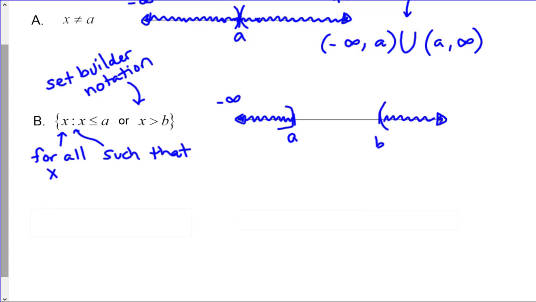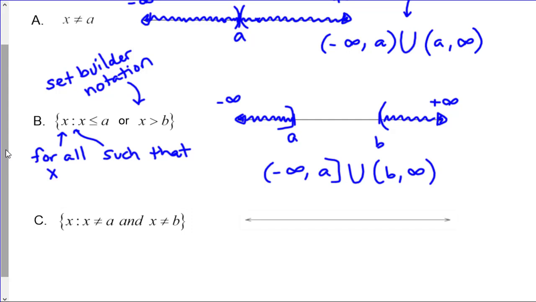So that would be this set of values. So my interval notation is going to look like the set going from negative infinity to a, including the a, union b to positive infinity. So I'm taking two sets of values and joining them together.